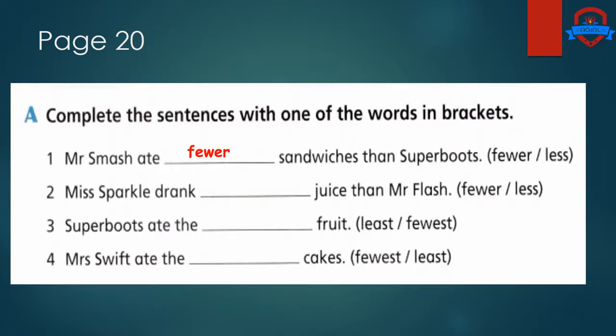Perfect. Number 2, Miss Sparkle drank juice than Mr. Flash. Juice here is countable or uncountable? Can you count the juice? No, I don't think so. So the answer will be less juice than Mr. Flash. Number 3, Super Boots ate the least fruit.